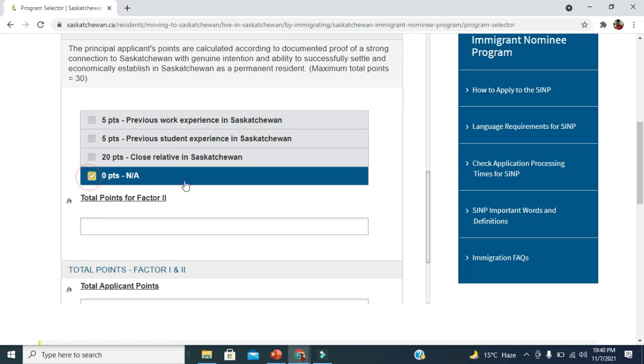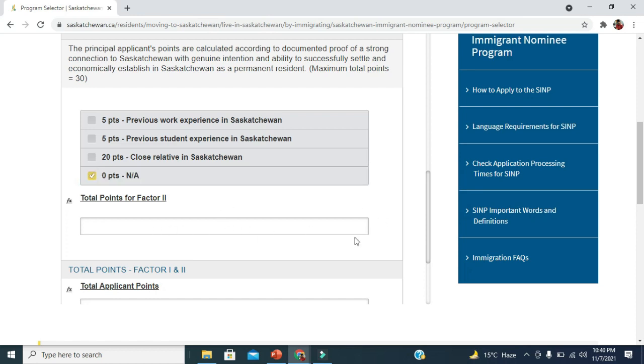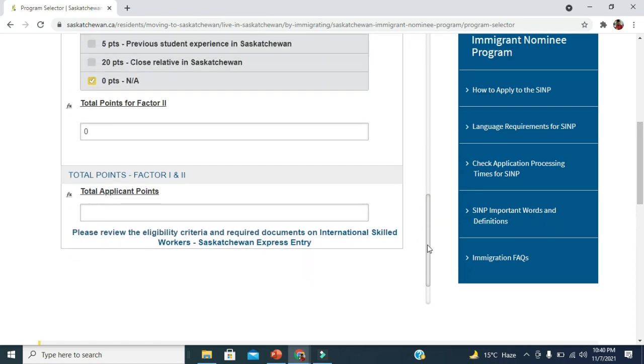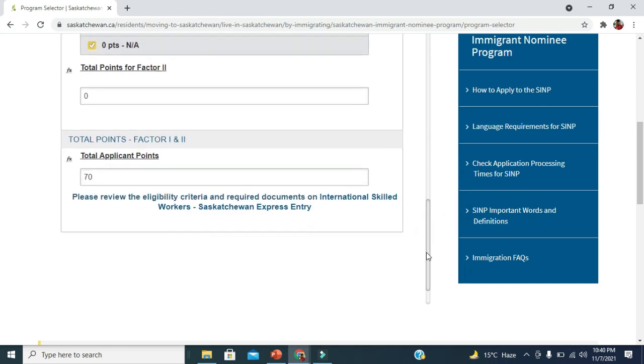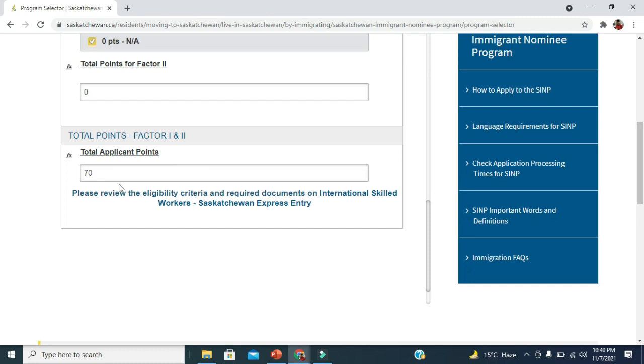So we are going with 0 points, and your total points are going to be 70, which is as much as you would go as a person who does not have a connection. And if you look at the SINP scores that were selected for their draws, you would know that 70 is a great score for the Saskatchewan PNP program.